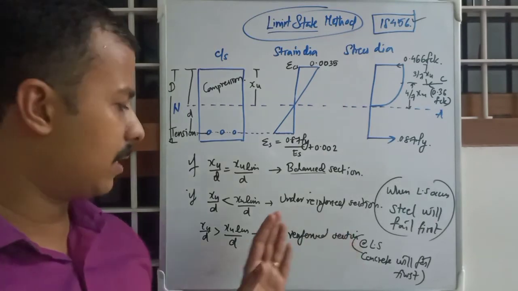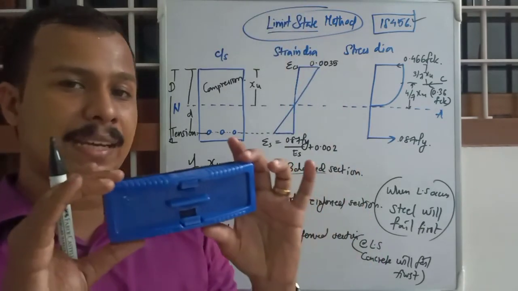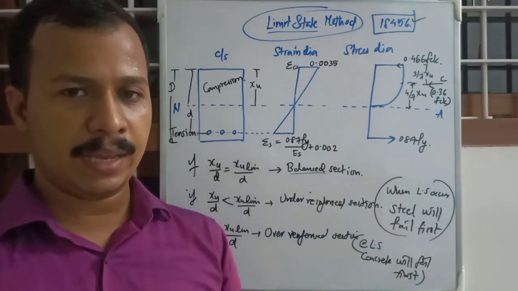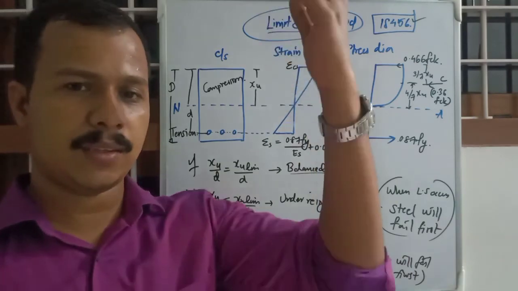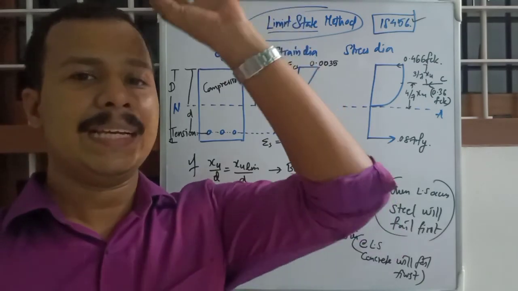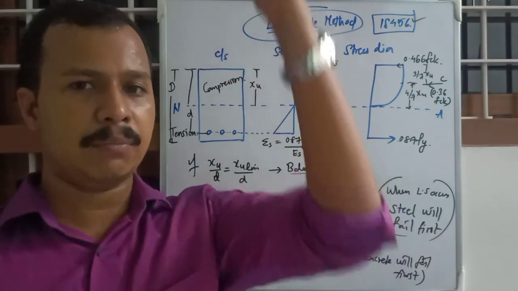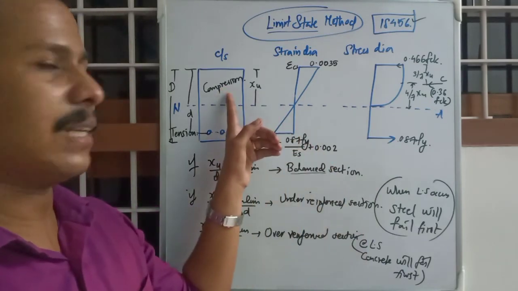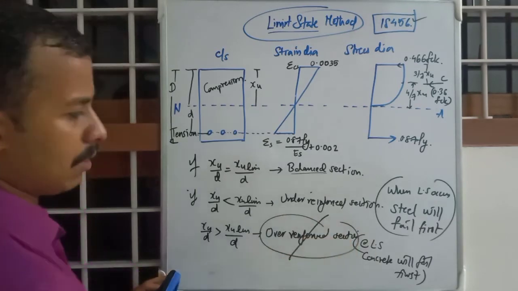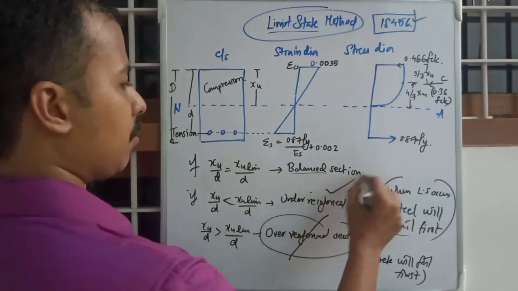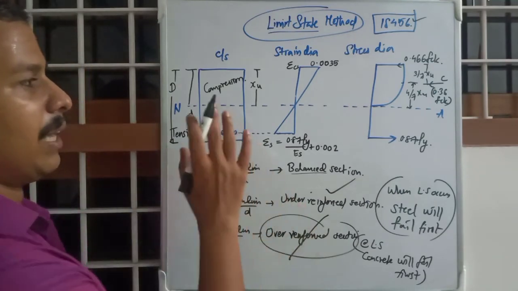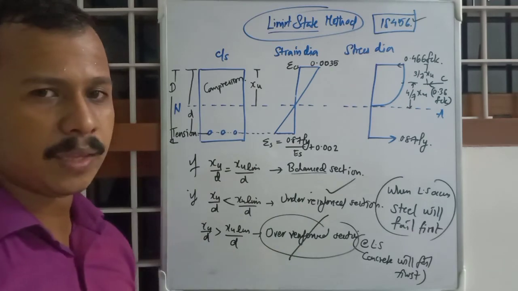So if the beam above me is an over reinforced section, I won't get any time, I will just be dead. Things will fall on my head because there won't be any deflection for concrete. It will just crush and the beam will fall down by failing at compression. So we don't want over reinforced sections in our constructions. It is preferable to have under reinforced sections. So that is about Xu limit and Xu max.